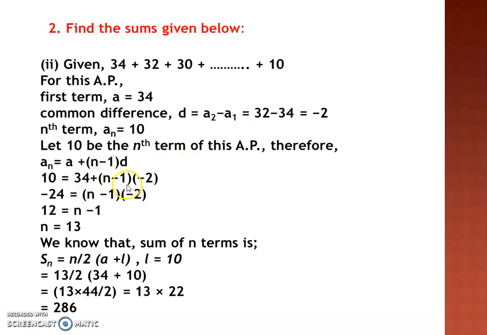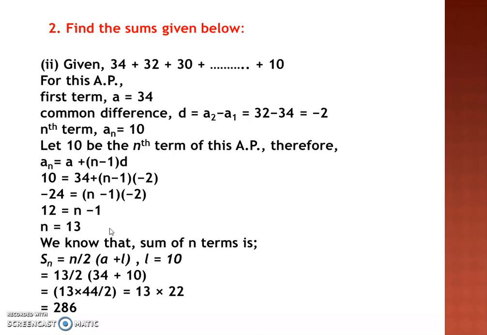Then after substituting in the nth term formula, you can simplify and find the value of n from there. So n is coming here as 13. That means the number of terms is 13 in this AP. Now once you know the number of terms, you can substitute in the Sn formula, that is S13 you will be finding.